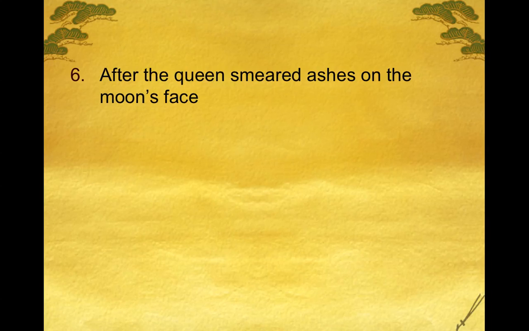Now, for number 6, write down, is it IC or DC? You should write down DC because that can't stand alone, dependent clause. And I would also like you to skip a line and copy down and finish it up. After the queen smeared ashes on the moon's face, what could you put? Please write it down and press pause.